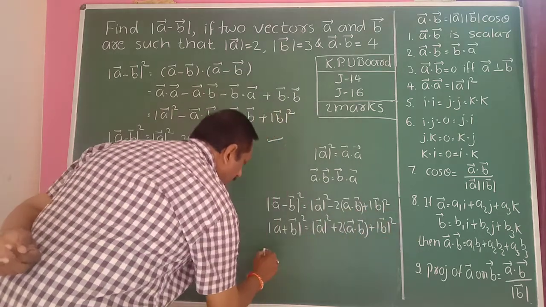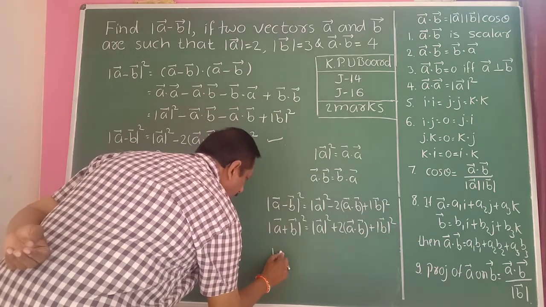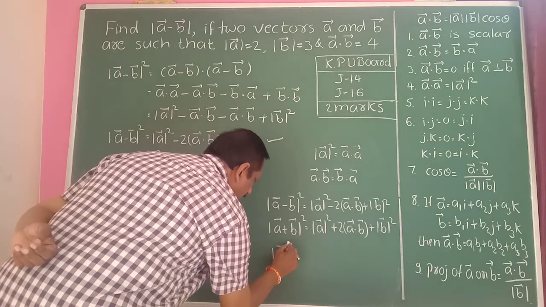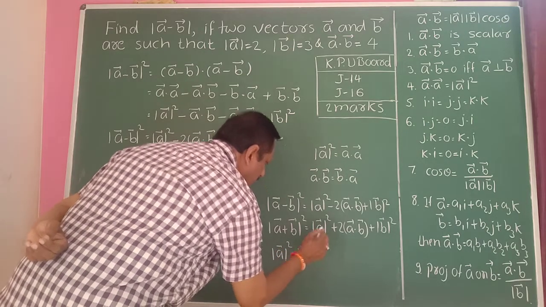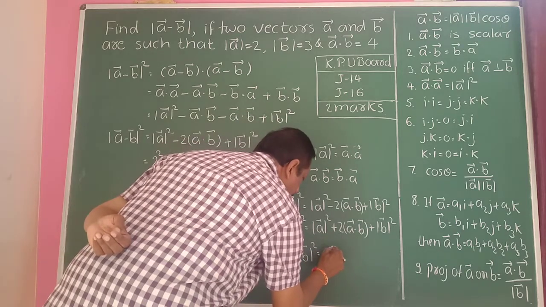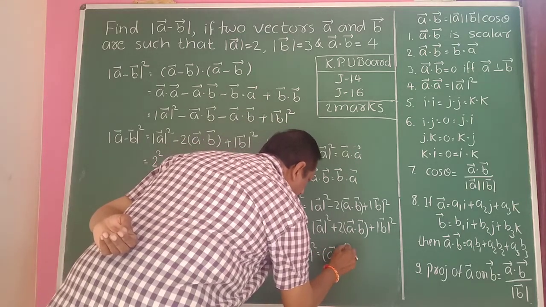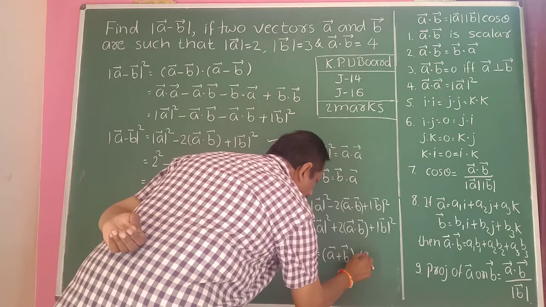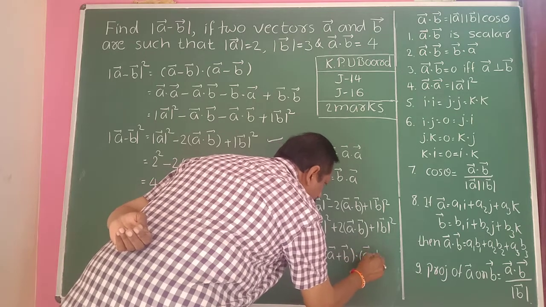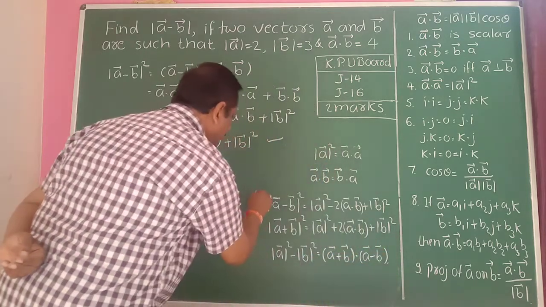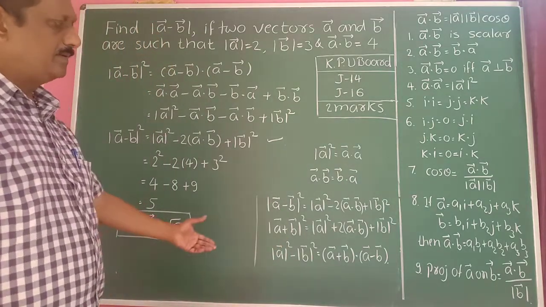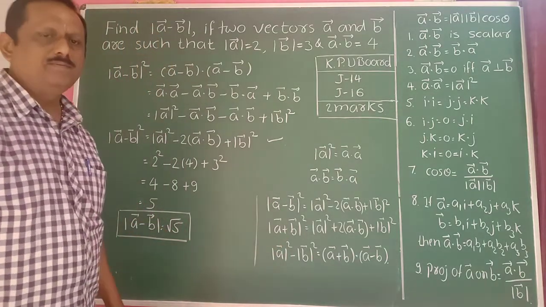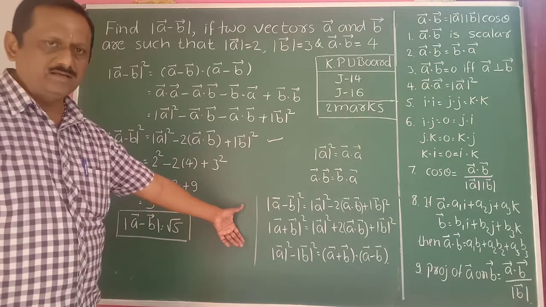Then modulus of a bar square minus modulus of b bar square is equal to a bar plus b bar dot a bar minus b bar. These are the important formulas, so remember them. There are examples on these formulas.